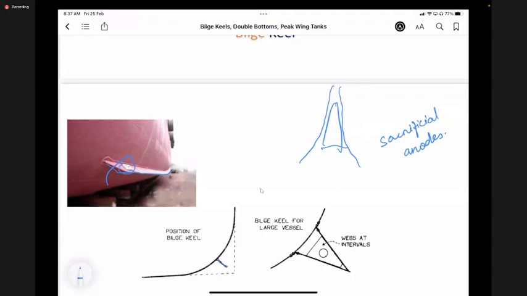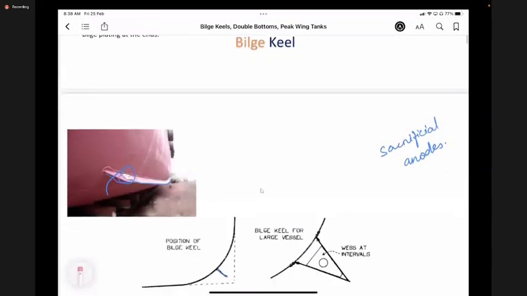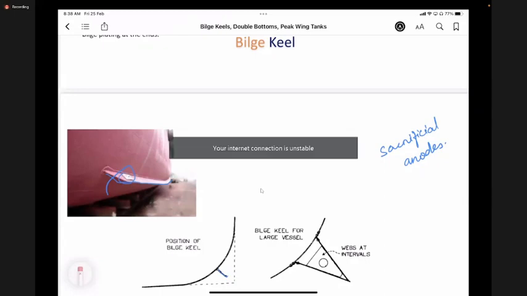If we talk about them, let's stop that. And one more thing, this bilge keel: the purpose of the bilge keel is to reduce rolling motions. So in no way will we be interested in damaging the ship because of the bilge keel.